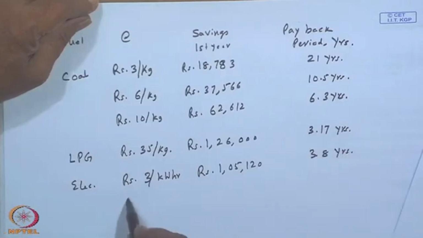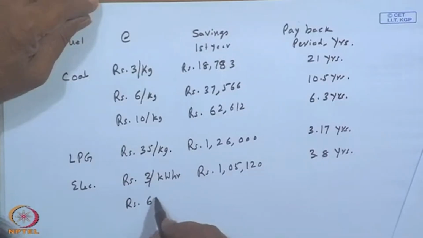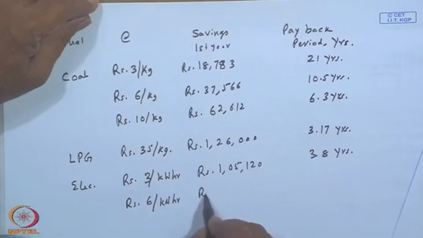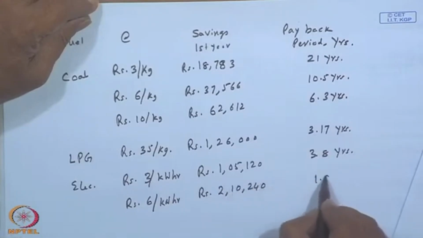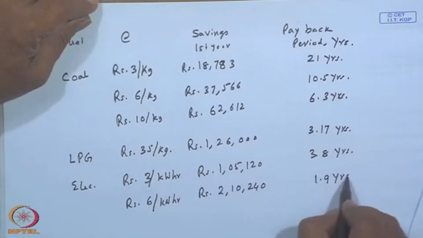And if you take the domestic bills, I have verified, it varies from 2 rupees 75 paisa to 7 rupees or so, depending upon the block. And if somebody is using an electric geyser, he will definitely be in that higher range. This comes to 1.9 years.